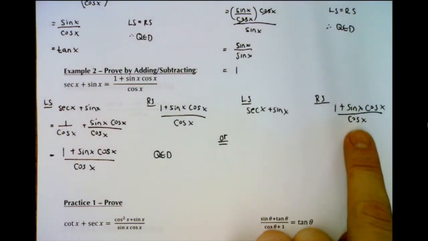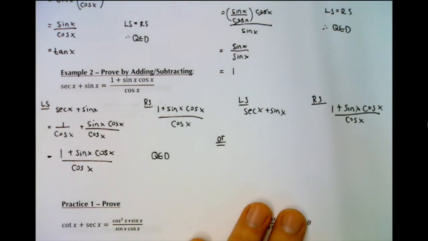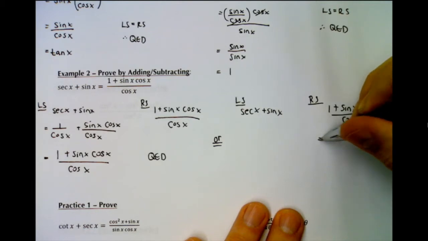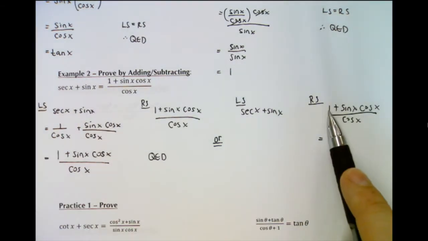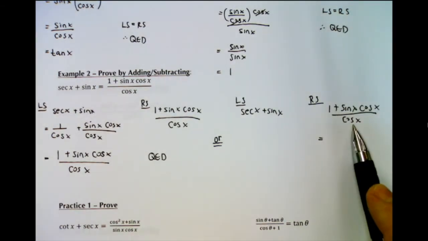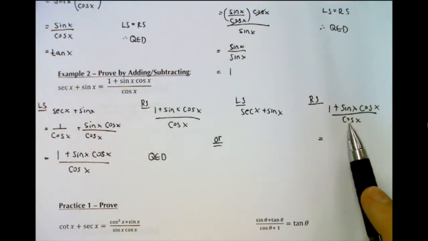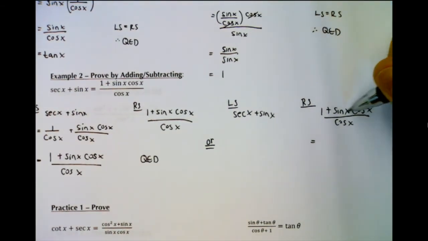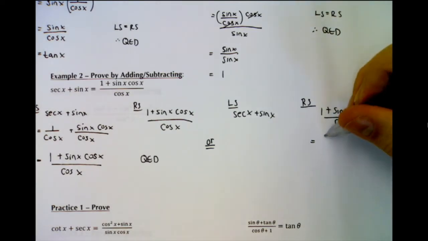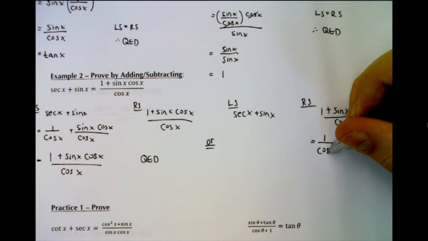If you have a single term denominator, or any denominator in fact, you can split the numerator into 2 different fractions. The way you do that is you take each term in the numerator and assign it the denominator and make it its own fraction. So 1 plus sine x cos x has 2 terms, right? Our first term is 1, so our first fraction would just be 1 over cos x.